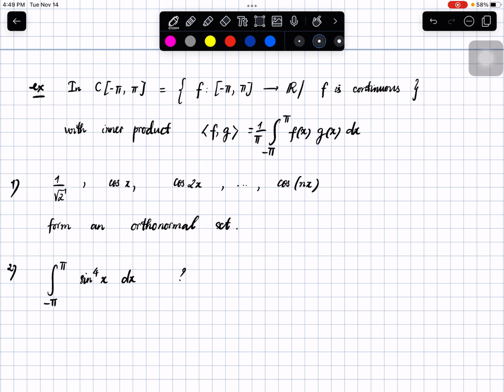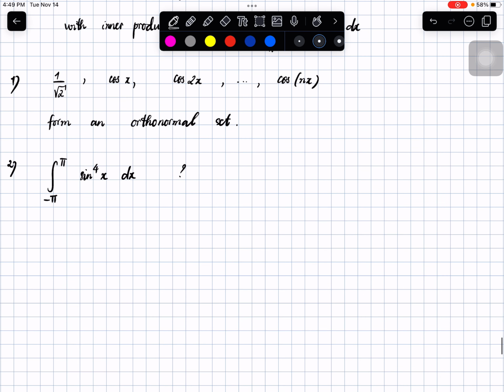We need to show that the set of functions 1/√2, cos x, cos 2x, cos 3x, ..., cos nx forms an orthonormal set. And then we need to compute the integral from -π to π of sin⁴(x) dx.